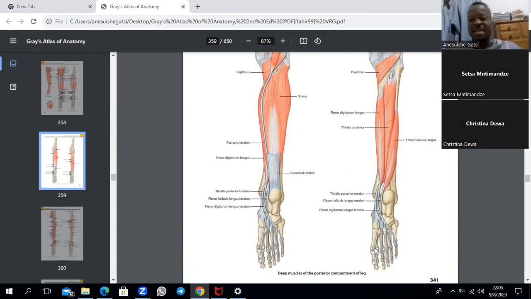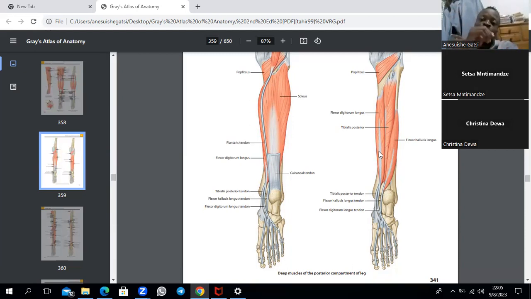Not the thumb, the big toe is. Notice the hallucis is on the opposite side of where the big toe is. Then the digitorum, which goes to the other four toes, is on the side where the big toe is. So they should cross each other when we go to the foot. That's why I'm saying there's a mismatch when we're in the leg.